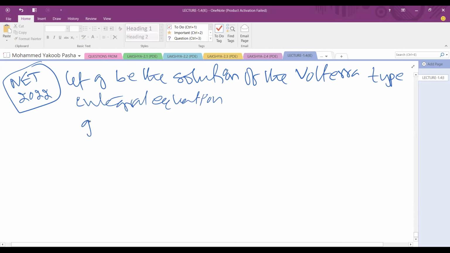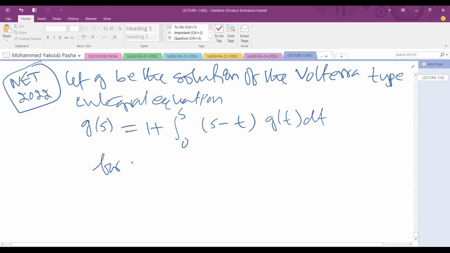G of S is equal to function మార్చాడు కన్ఫ్యూజ్ కావాల్సింది ఏం లేదు 1 ప్లస్ ఇంటిగ్రల్ 0 టు S x దగ్గర S ఇచ్చాడండి మనం లాప్లాసియన్ వాడుతున్నామని వాడికి తెలిసింది అనమాట S మైనస్ టీ G ఆఫ్ టీ ఇంటూ dt ఫర్ ఆల్ S greater than or equal to 0.